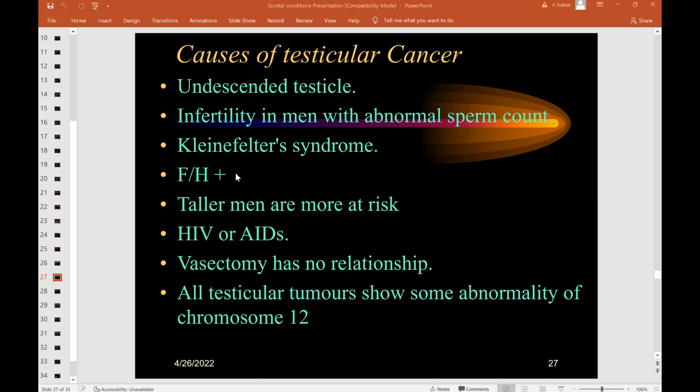If there is a family history present, then the incidence rises. Taller people are more at risk. If there is presence of HIV or AIDS, it increases the incidence of testicular cancer. It should be emphasized by way of education that vasectomy has no relationship as far as testicular cancer is concerned. Genetically, all testicular tumors show some abnormality of chromosome 12.